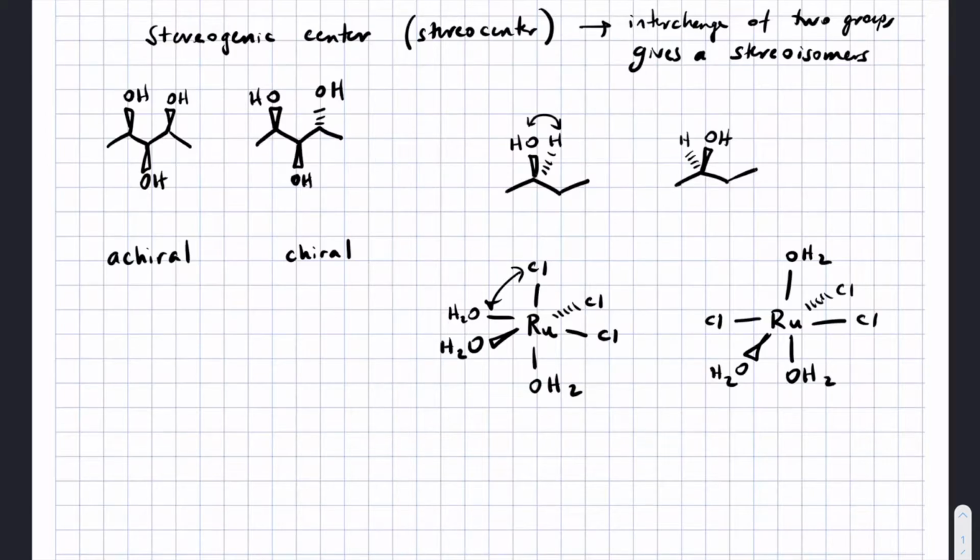Well, we'll number carbons. Carbon 1 has R stereochemistry. Carbon 2 has S stereochemistry. Over here, carbon 1 has R stereochemistry, and carbon 3, I'm sorry, I said carbon 2, also has R stereochemistry. What do we do for poor old carbon 2?